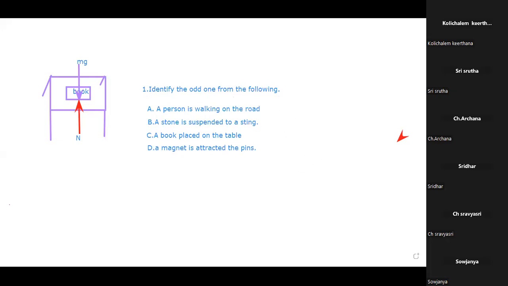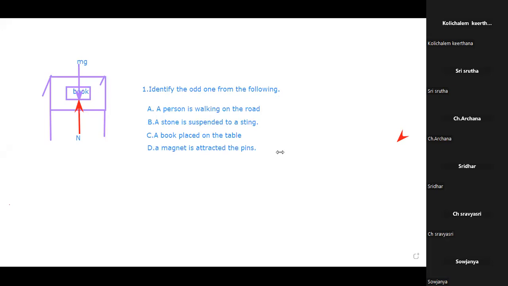Come on, answer it. D. I want reason also. Why it is D, why it is B, why it is C. Okay, sir, B, it is a magnet. No, correct answer is not yet. You are trying your best. A stone is suspended to a string.